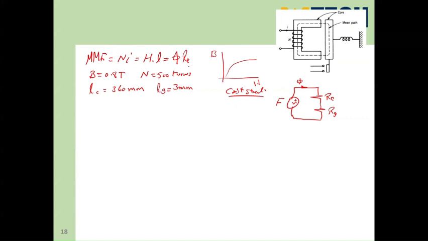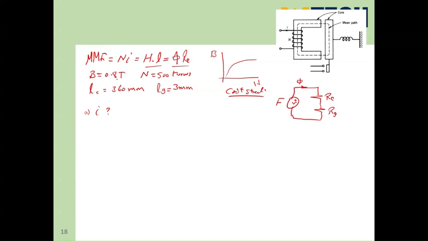If we look at this relation here, guys, the first requirement is to find I. In order to get I, we know the number of turns. Which term can we use now? We have L, but we don't have H, we don't have phi, we don't have the reluctance.